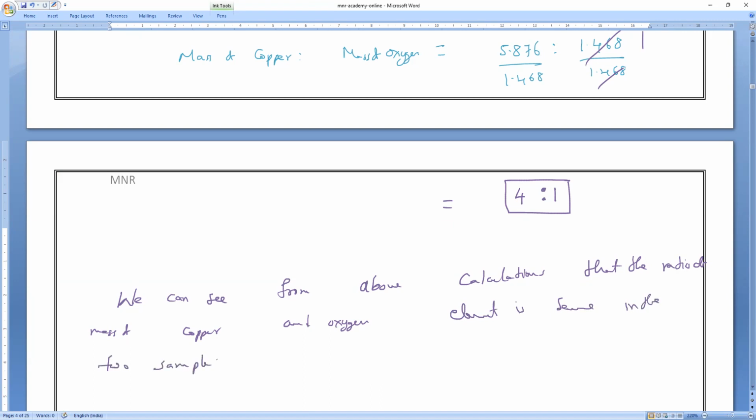Am I right, everybody? Both experiments remain constant or not? Everybody verify, please respond. So what does it mean, everybody? What is that value? 4:1. So it proves which law? Law of constant composition or fixed composition. I hope you all understand.